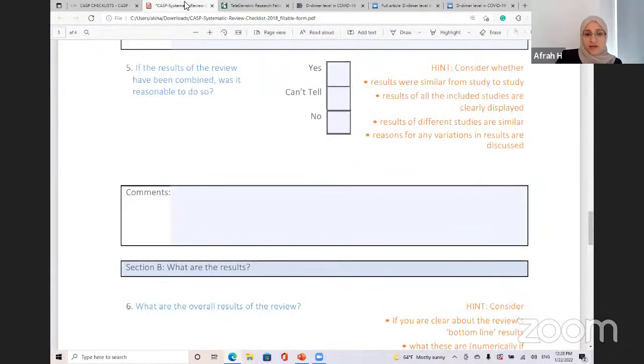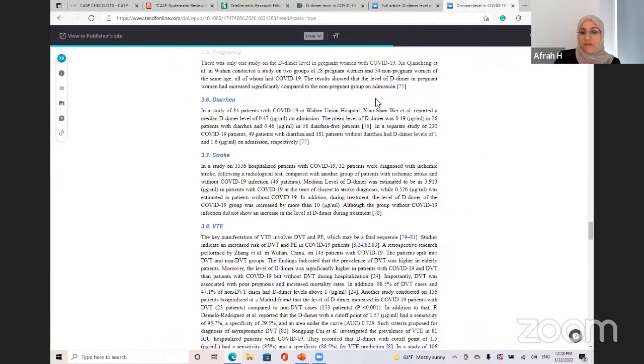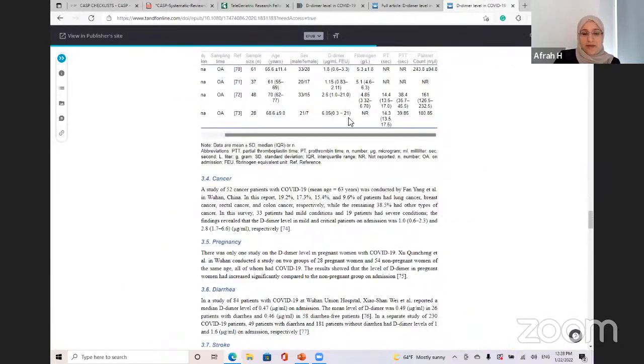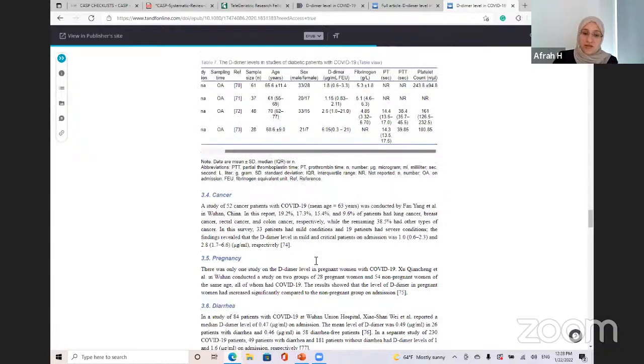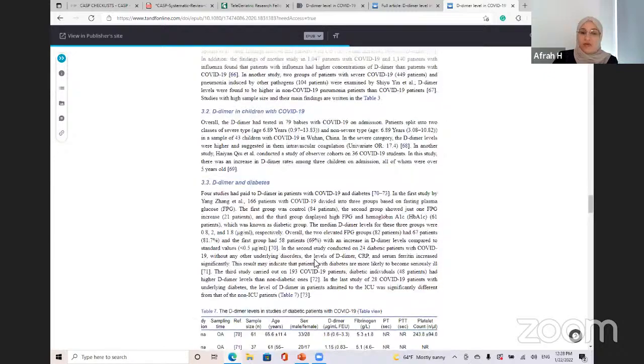For me, they combined the result, but I think it's not reasonable to do so because every population has its own D-dimer level. For example, in pregnancy, it is normal to physiologically find high D-dimer, and also in cancer patients. So I think those can affect the overall result.